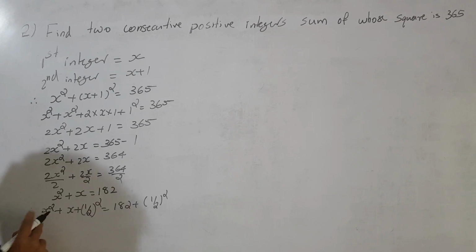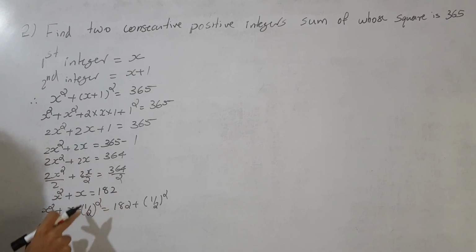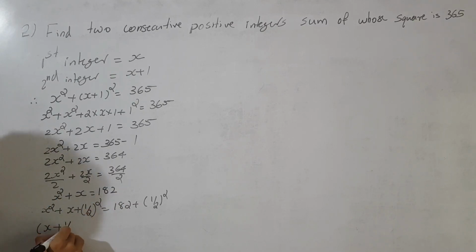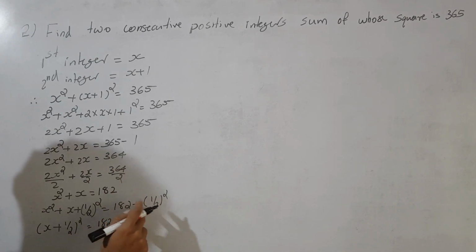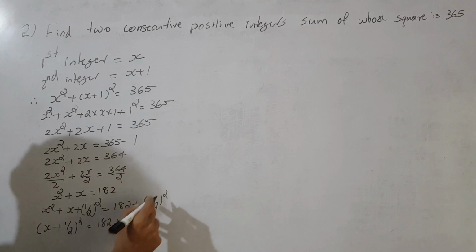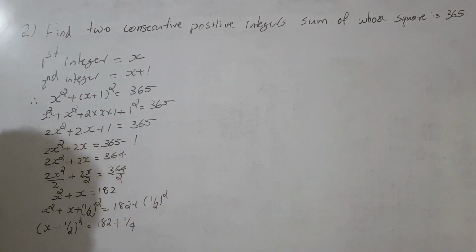Instead of a, that one is x, then x plus b, where b means 1 by 2. This is in the a plus b whole square form, because the second term sign is plus, equal to 182 plus 1 by 2 square, which is 1 by 4.